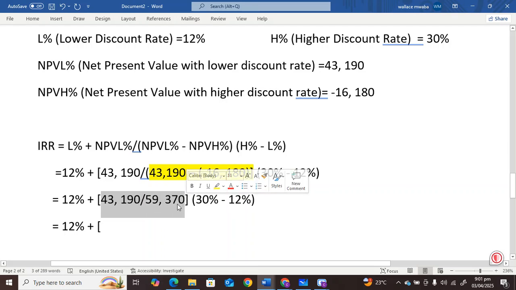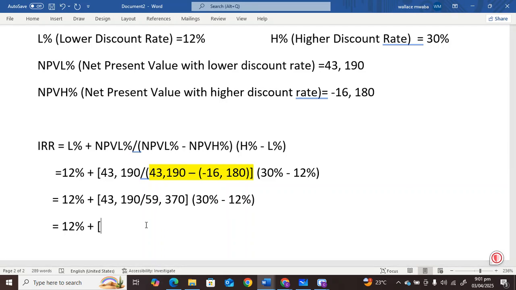What do we get? 0.728 multiplied by 30% minus 12%, that is 18%. So 0.728 times 18%, what do we get?